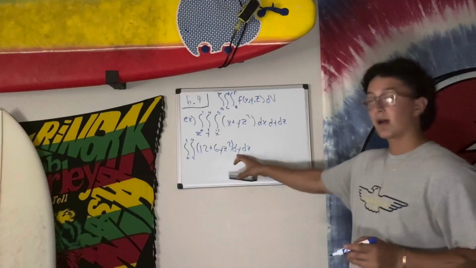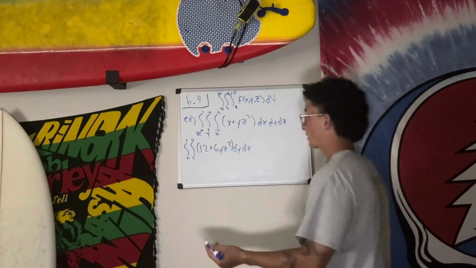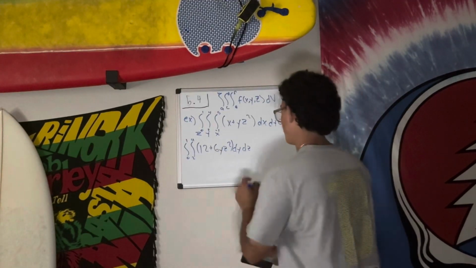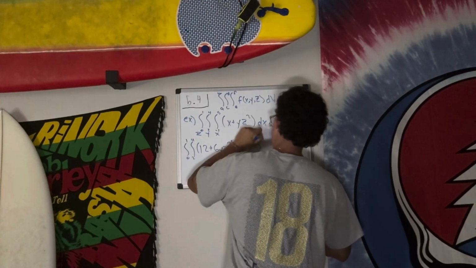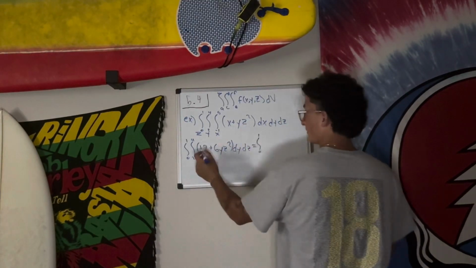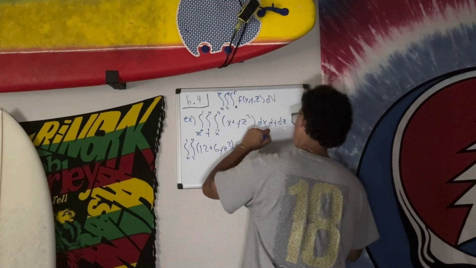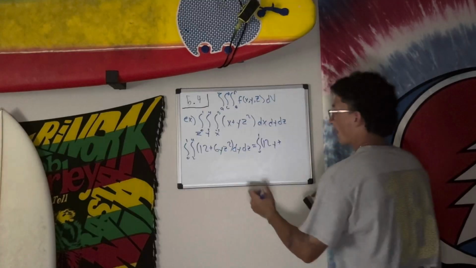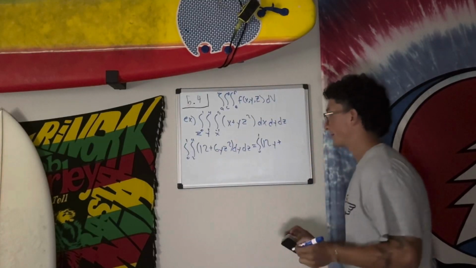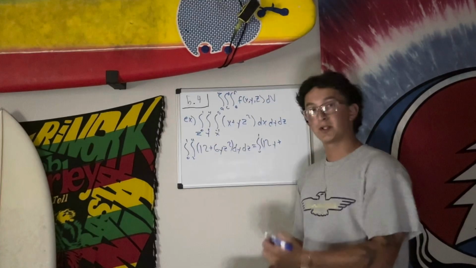And since dy is next in sequence, we're going to solve for the y variable, okay? So if we were to integrate this, we remain with our z integral, and now we solve. 12 is just a constant, so it gains a y. So 12y plus, and now if we were to integrate y here, you would get y squared over 2.